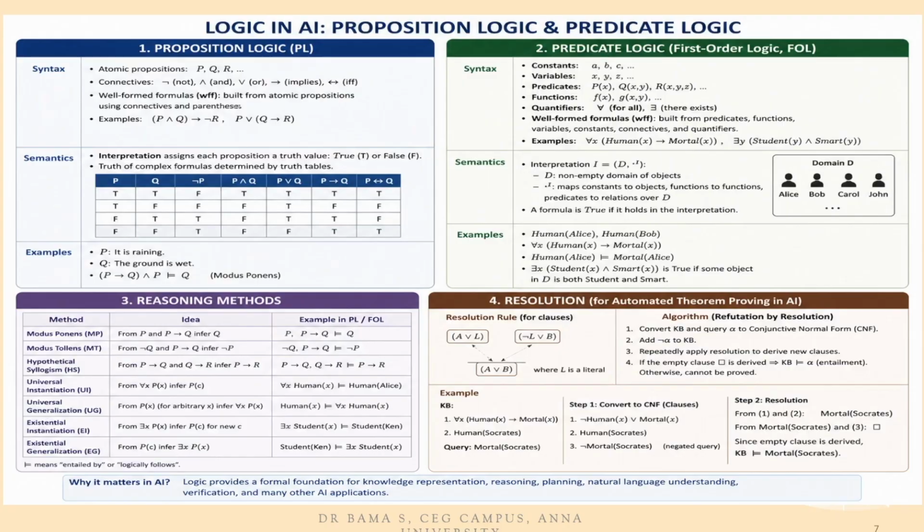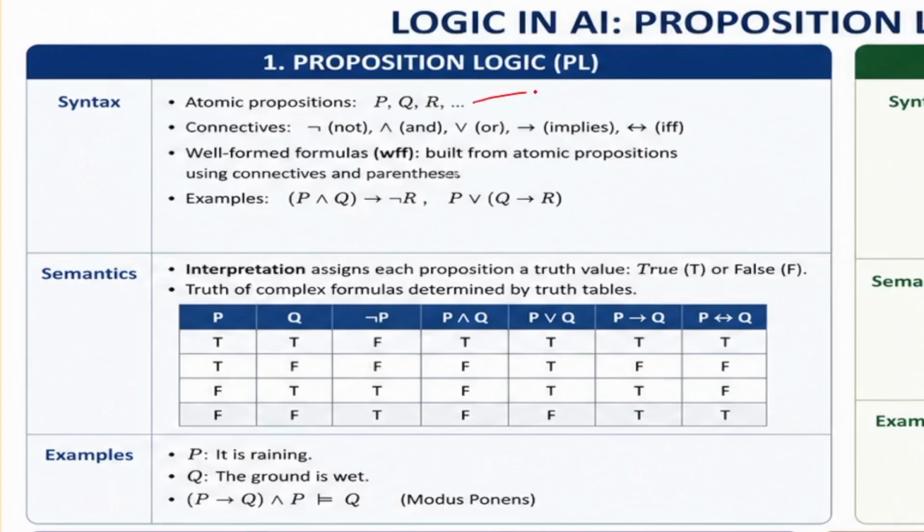And in order to reason out, again we will go back to mathematics. Pretty much it is in the form of discrete math. And in discrete math, there are two basic logical portions. One is proposition, another one is predicate. In the proposition logic, the syntax is going to be atomic propositions and the connectives.